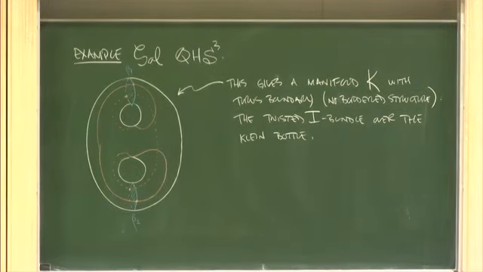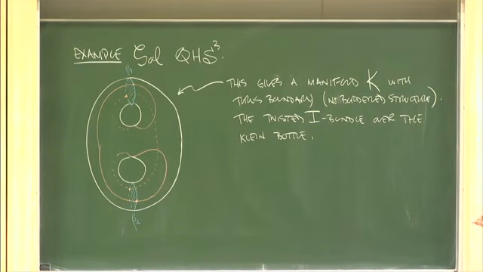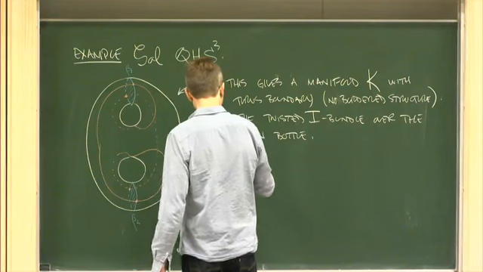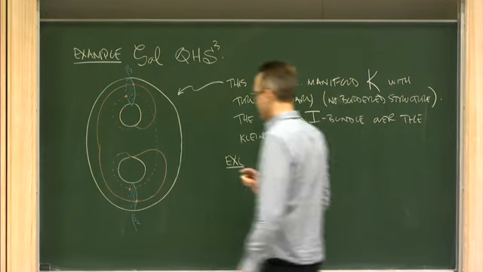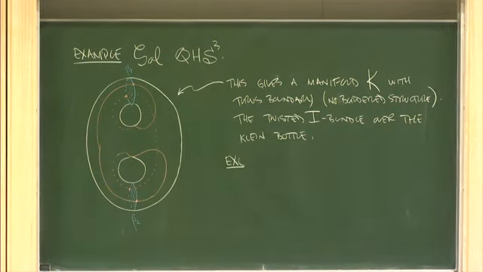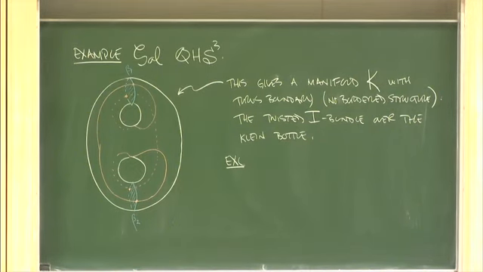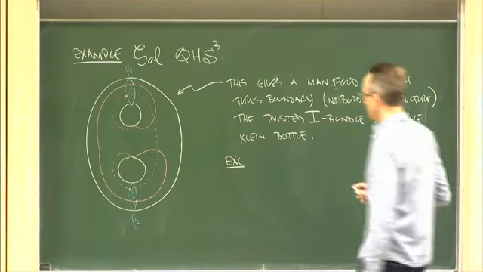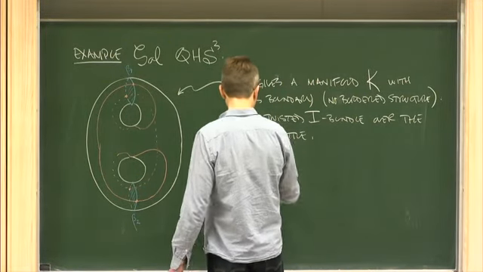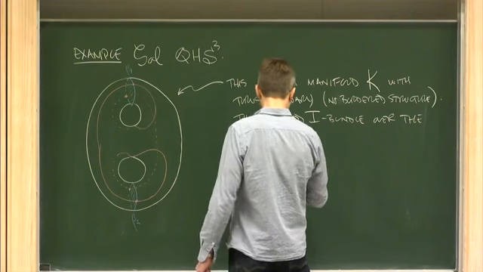Okay, so this is not necessarily obvious, but this is a good exercise to work through, and it's related to one of Cameron's exercises about putting a Seifert fibered structure on RP3. So the exercise is to show that K is a Seifert fibered space.